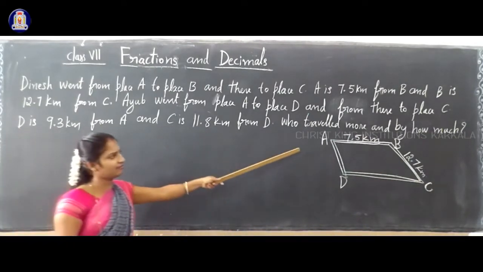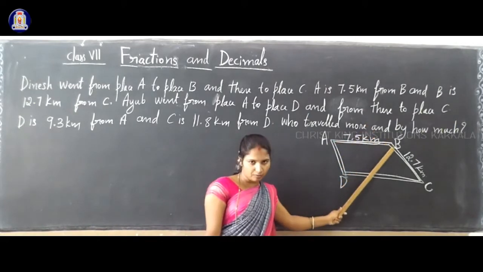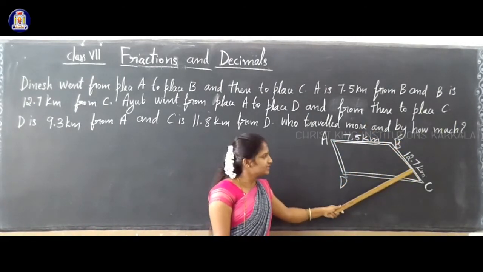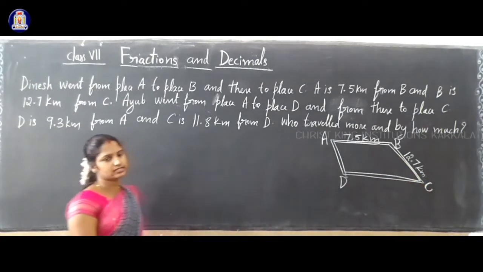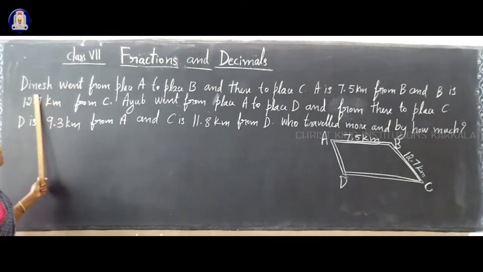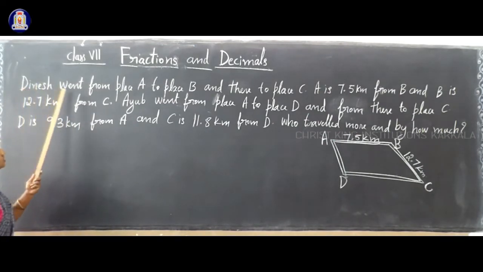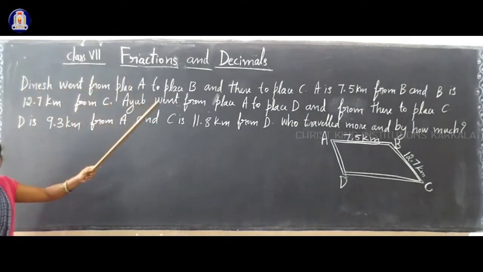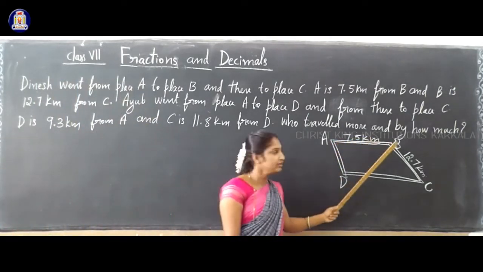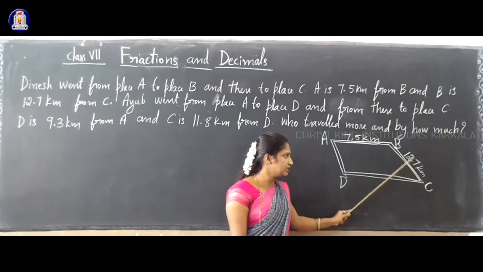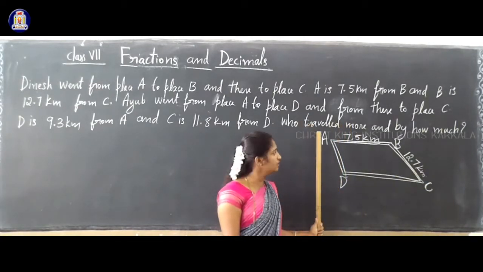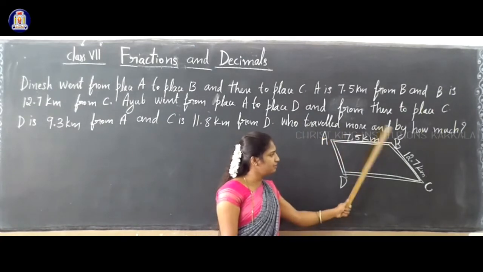A to B he travelled 7.5 km and B to C he travelled 12.7 km. Clear? So this is the distance travelled by Dinesh: A to B is 7.5 km and similarly B to C is 12.7 km. Clear?